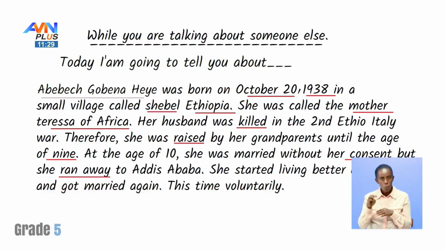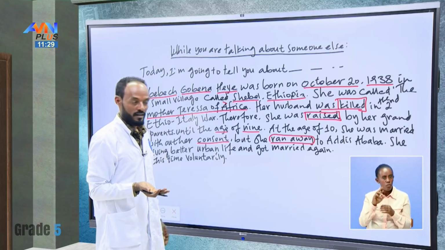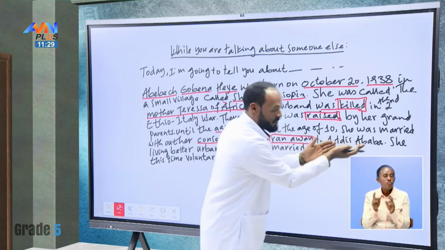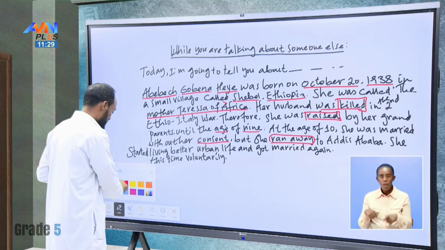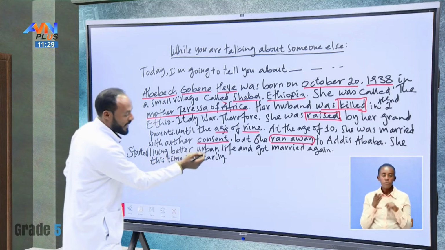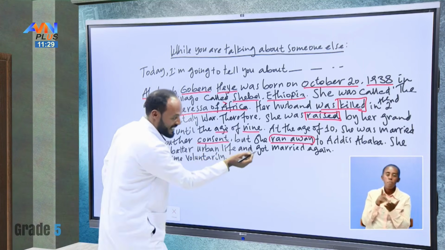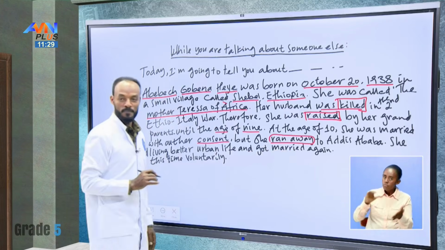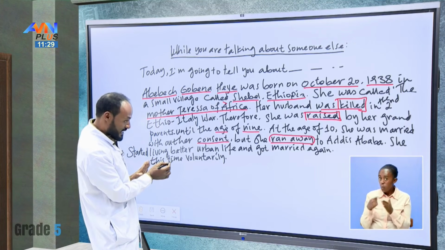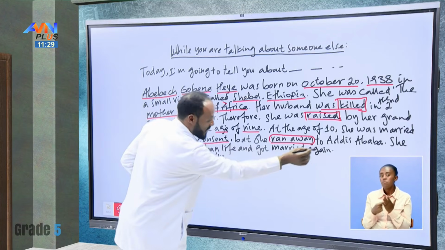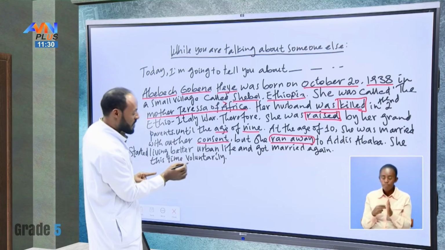Contextually, what is the meaning of run away here? To Addis Ababa. Then she started living better urban life and they got married again. This marriage again, this time voluntarily.